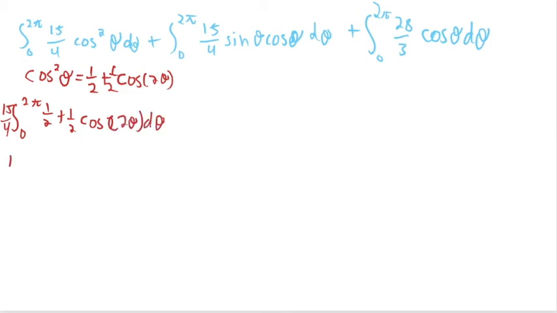So now we're going to take the antiderivative of this. So 15 over 4, it's going to be times 1/2 theta plus 1/4 sine 2 theta. And that's going to be from 0 to 2 pi.